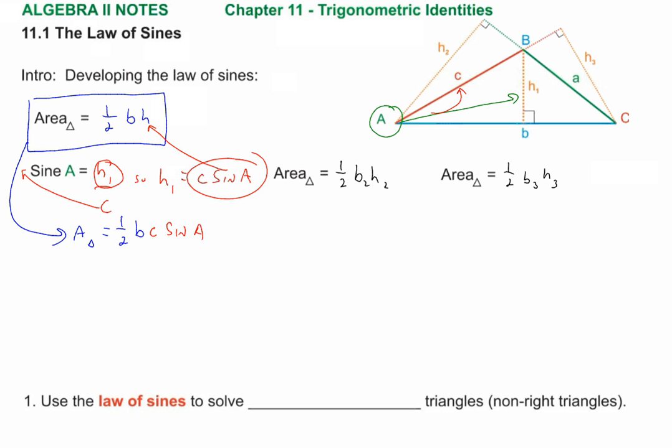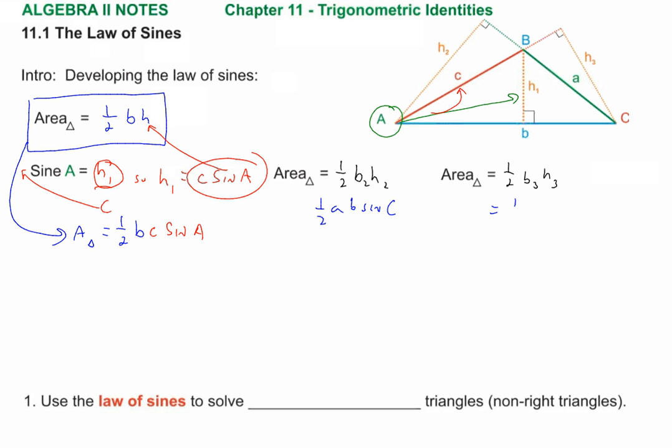Trust me on this. Here's how the other two end up. This one ends up being 1/2 A times B sine C.